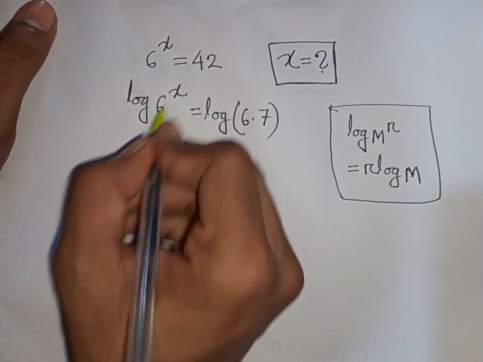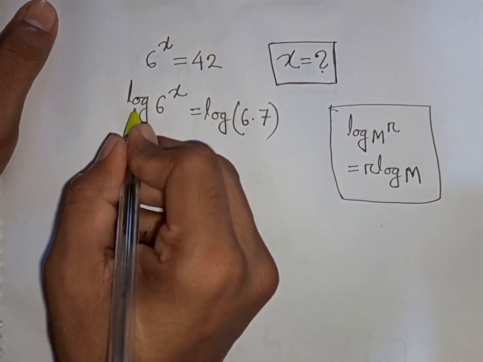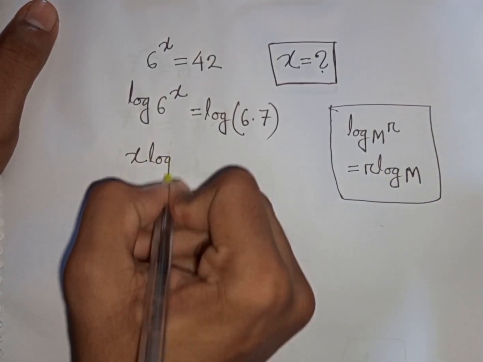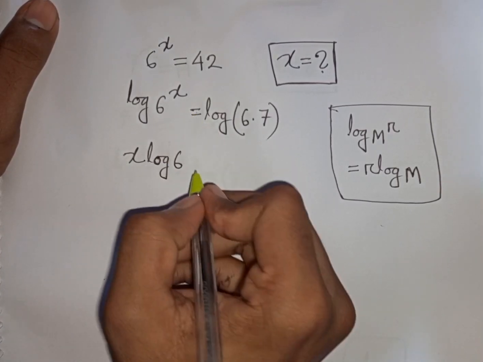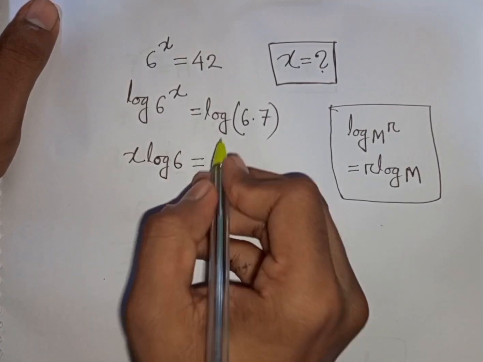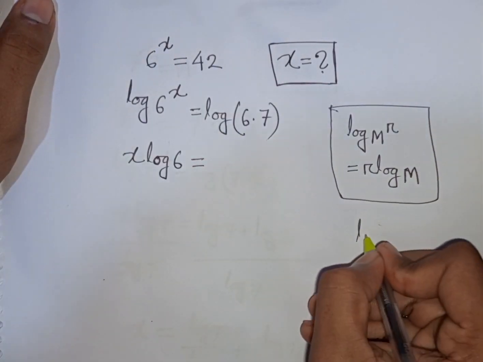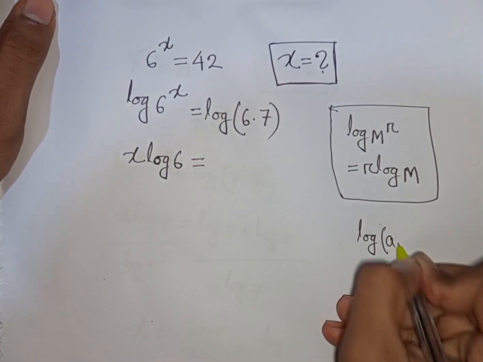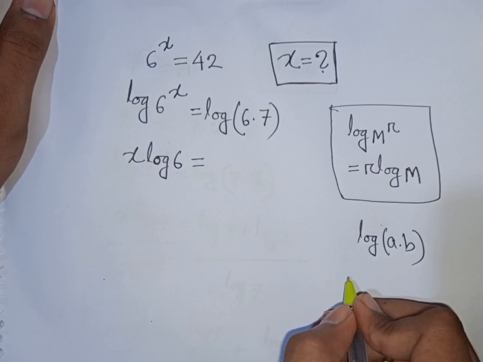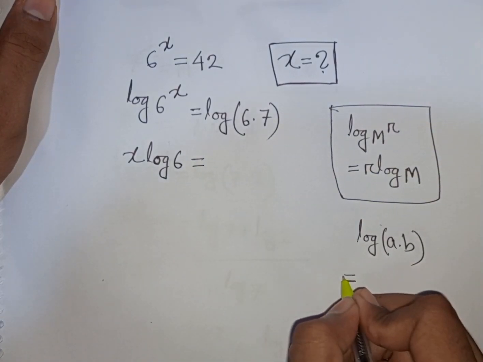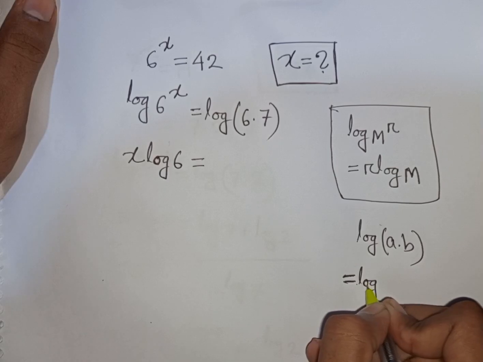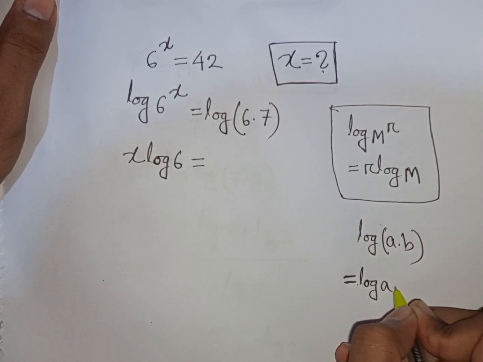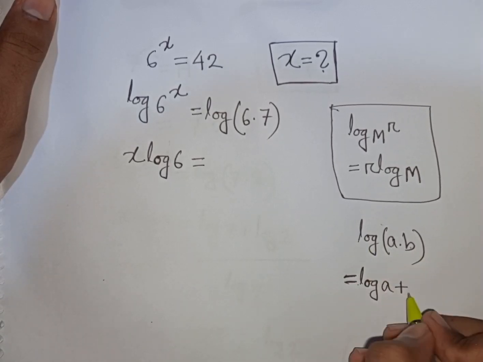So it will be x log 6, then is equal to, here you can apply this formula: log of a times b is equal to log a plus log b.